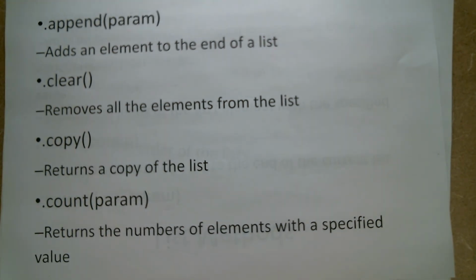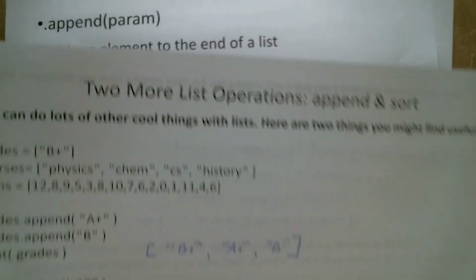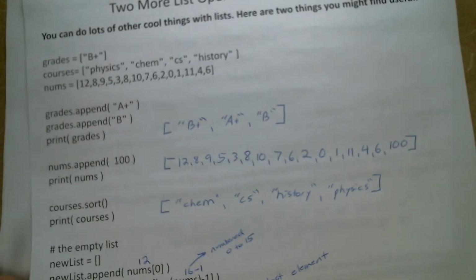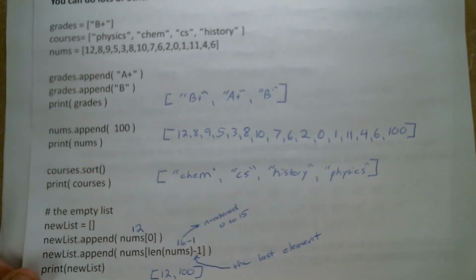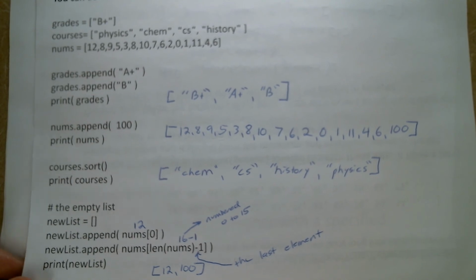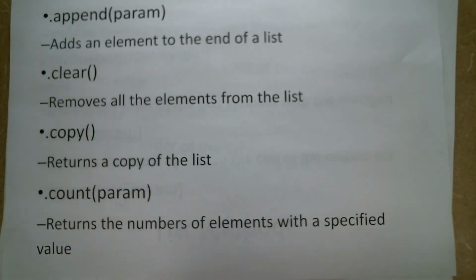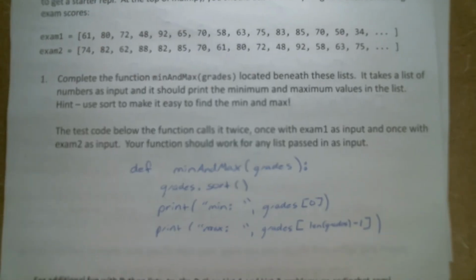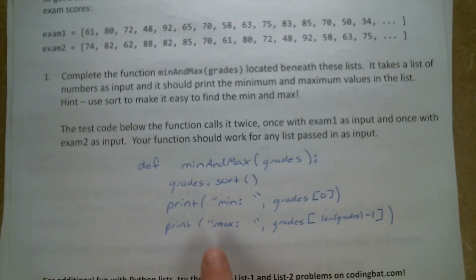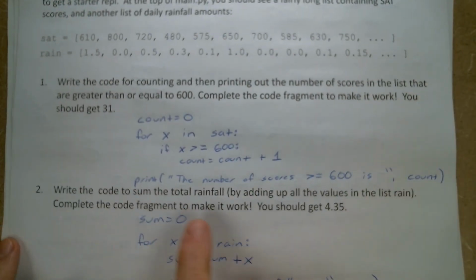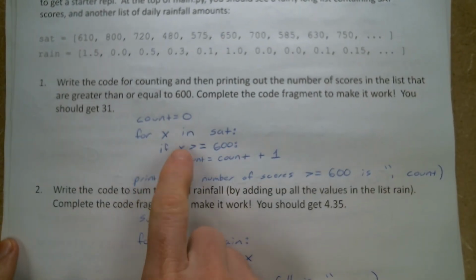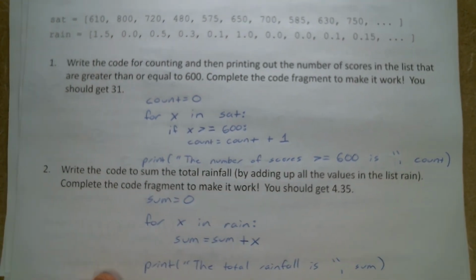But for the most part, you want to be comfortable with appending things to the end of the list, and a very simple sort to put things in order. You want to understand this idea of iterating through the lists, looking at each value in the list, and then you can do whatever you want with that value, setting up loops that go through them.